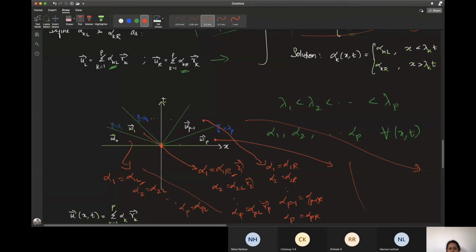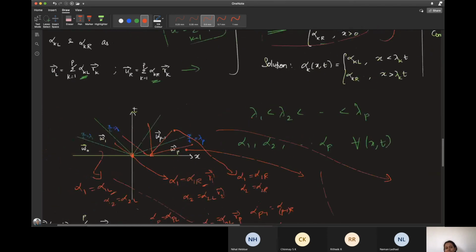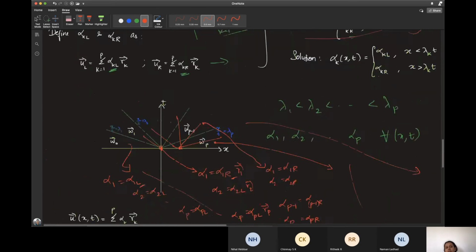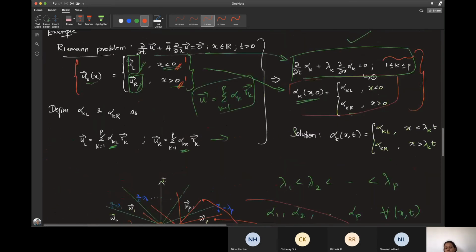Now instead, they'll all be going from x equals 1. Now you will have different characteristics going like this. To the left of these you have to find some solution, to the right of these you have to find some other solution. That's what it is. So this is only for the Riemann problem, okay?